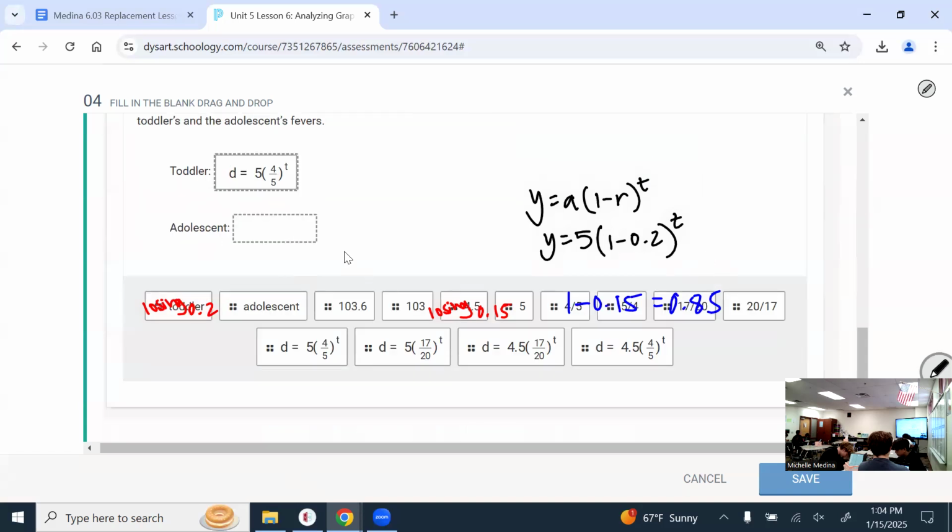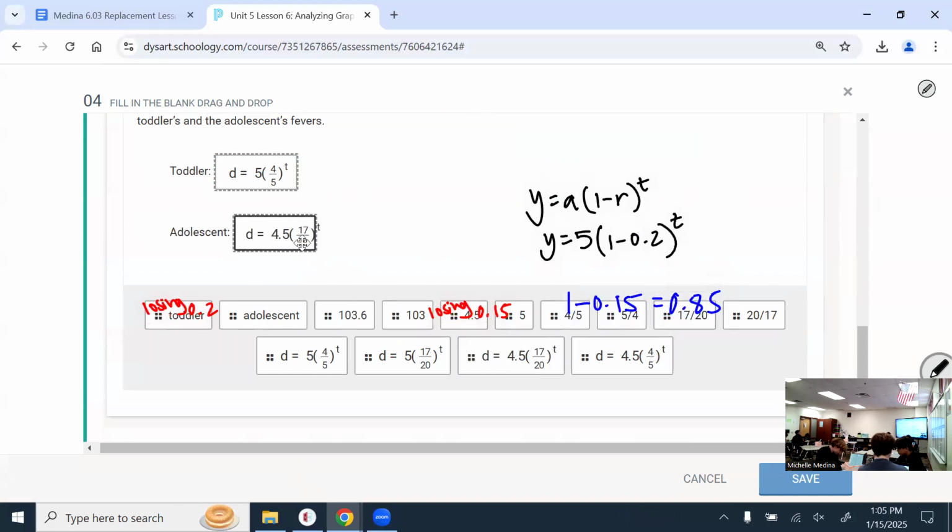We go here. For the adolescent who started at 4.5, choosing between these two, and it was losing 0.15, which means it's keeping 0.85. 17 over 20 is equivalent to 0.85. So that's going to be for my adolescent.